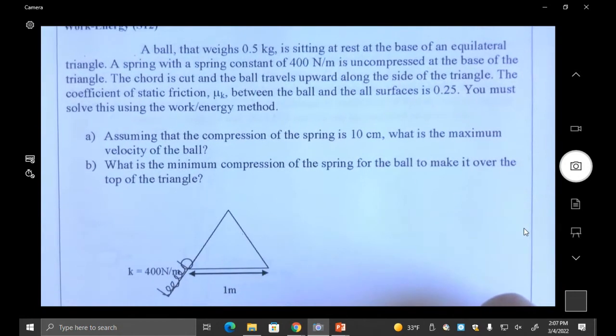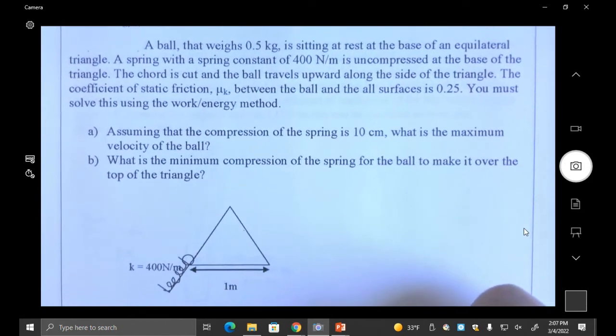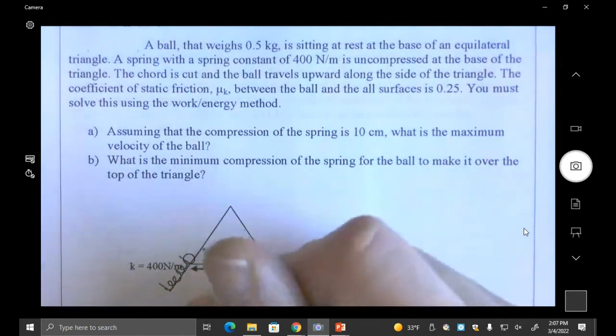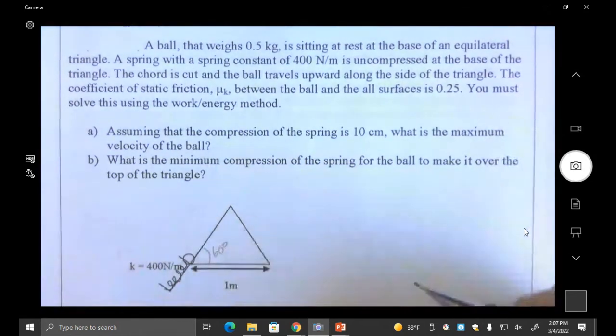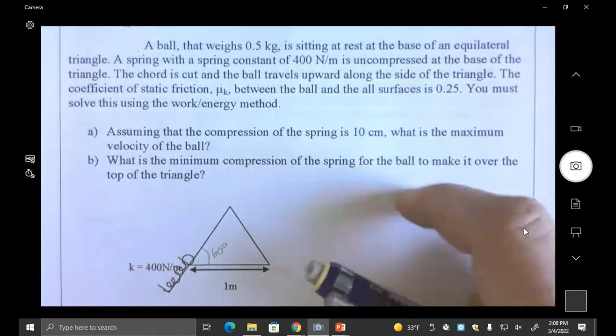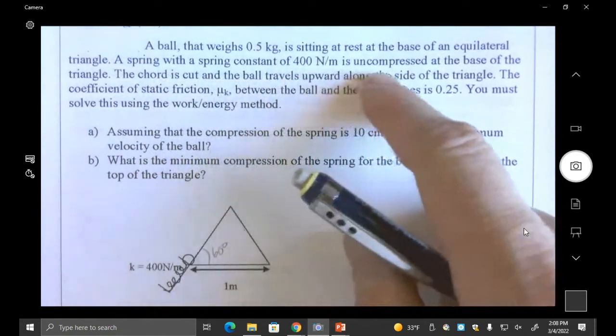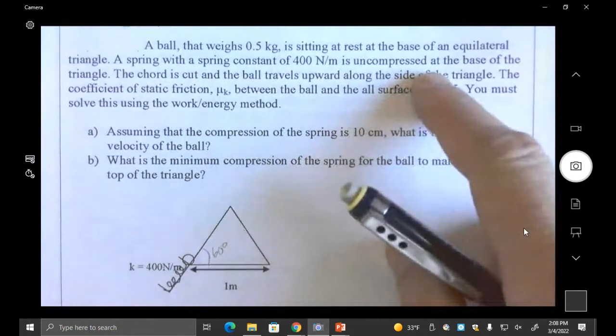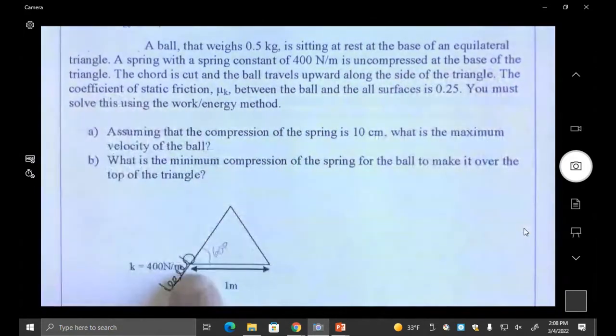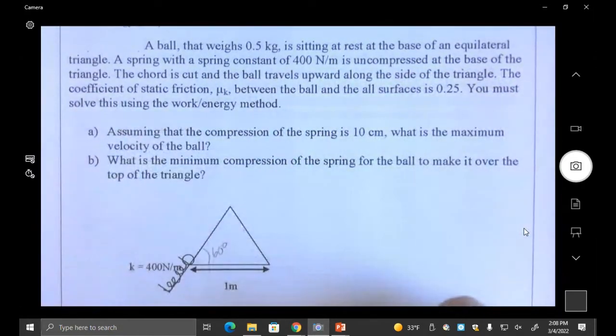All right, so a ball that weighs 0.5 kilograms is sitting at rest at the base of an equilateral triangle. Okay, cool, whatever. A spring, so I guess that means it's 60 degrees, right? I don't know why they're trying to be clever, but they did. A spring with a spring constant of 400 newtons per meter is uncompressed at the base of the triangle. The cord is cut, the cord? What cord?